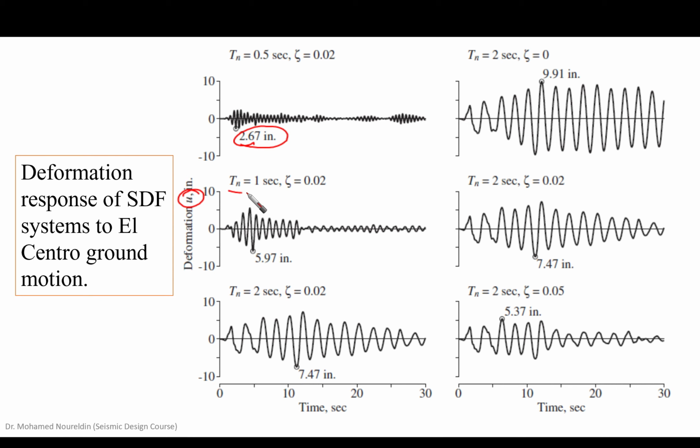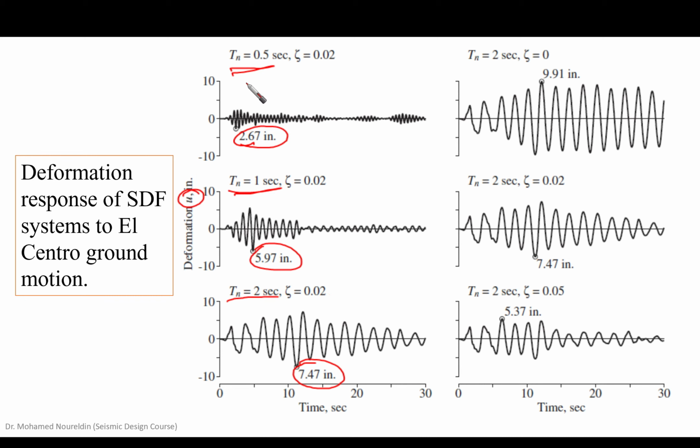And for the case of Tn equal to 1, in comparison with the previous one with Tn equal to 0.5, we can see that it's a little bit larger, right? Especially in the first portion of it. And we recorded the maximum value to be 5.97. And for the case of Tn equal to 2 seconds, we found that the response is considerably higher than the other 2 cases, and the maximum is 7.47.